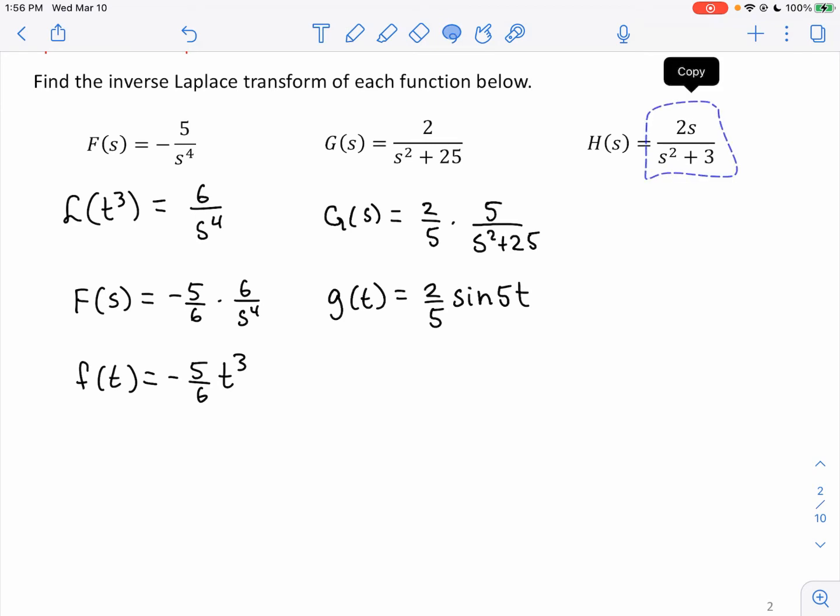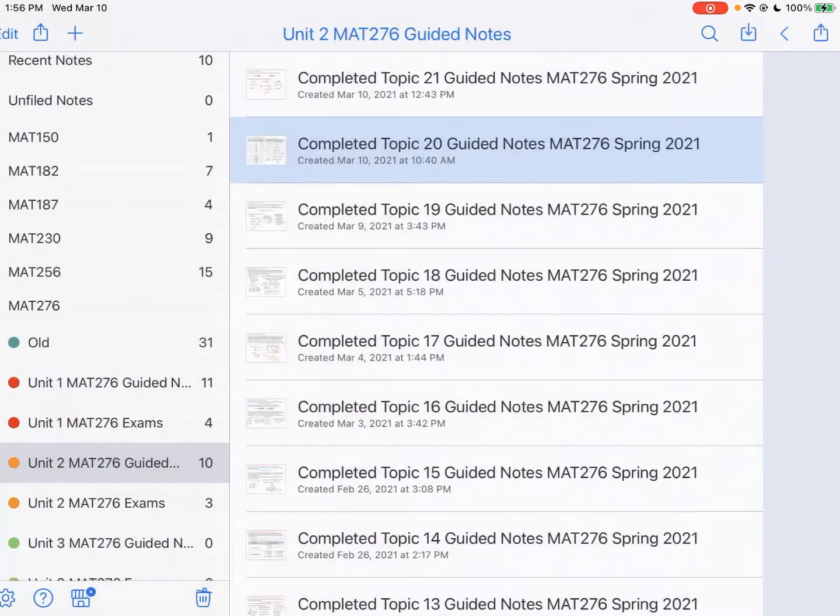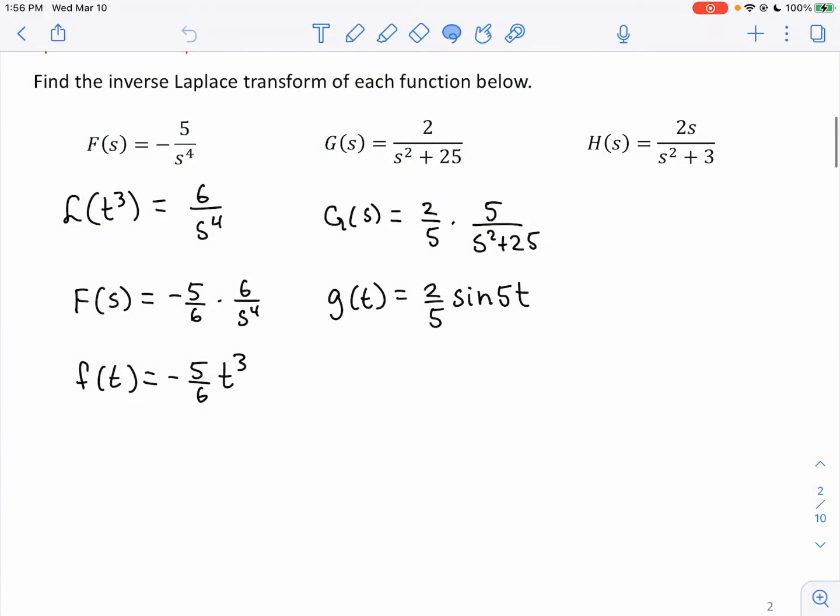This next one over here, we have 2s over s squared plus 3. Well, now there's an s up in the numerator, so that makes me think of the cosine. And the b squared is the 3, so b is going to be radical 3. And I just need an s up here. I don't need a coefficient in front of the s. So if I go back to this problem here, we can rewrite the capital H function.